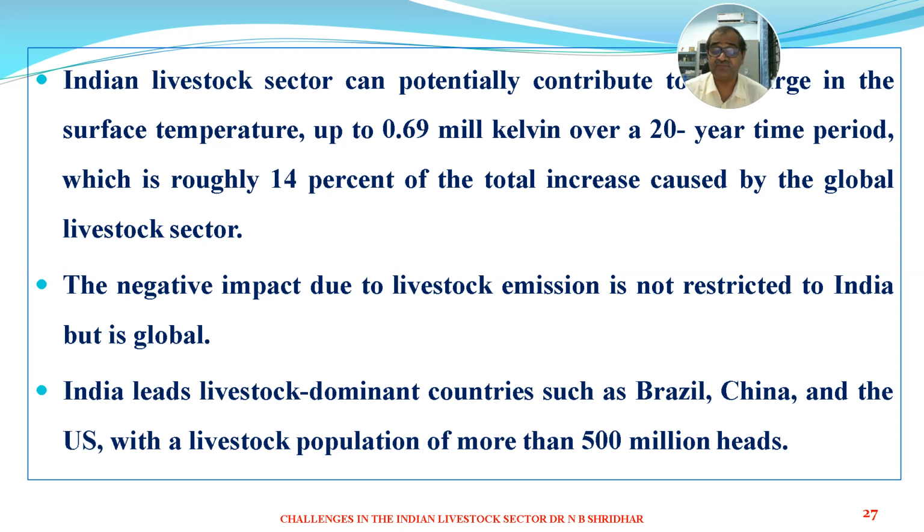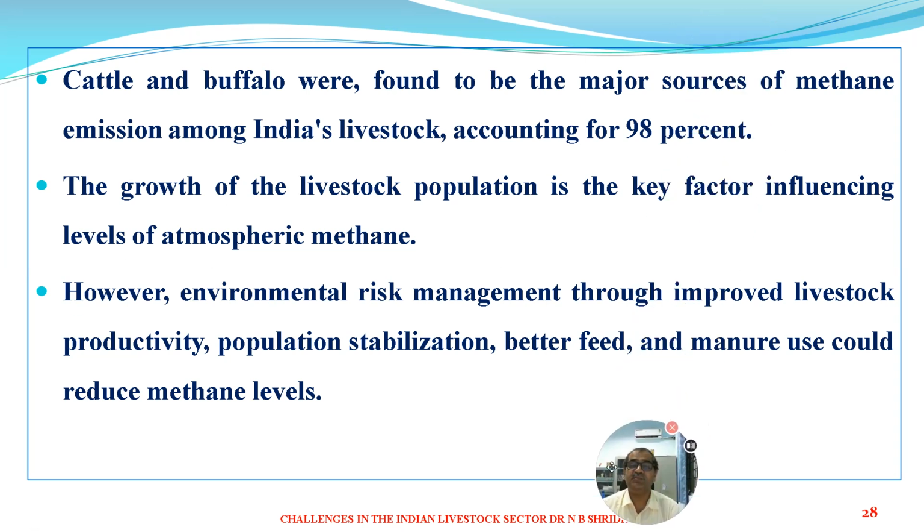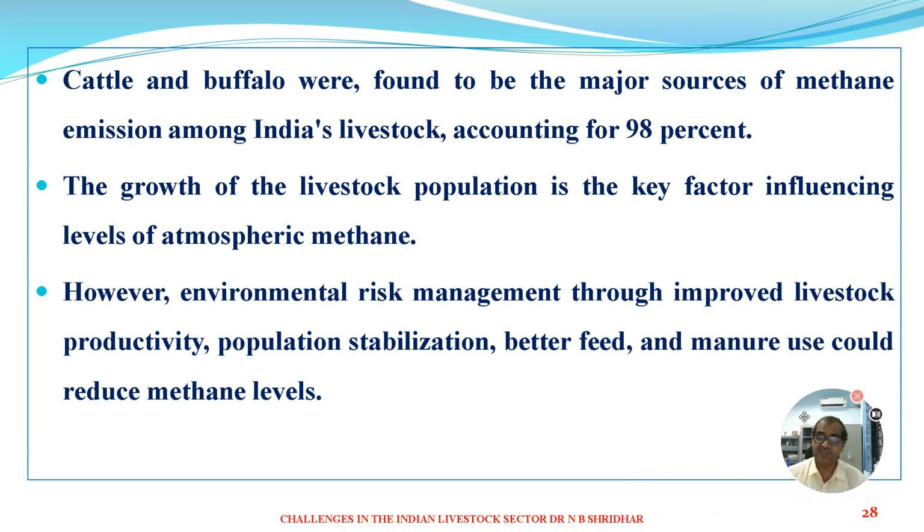Then the cattle and buffaloes are the major source of methane emission in India, accounting for 98%, and the remainder is contributed by sheep and goat. As the livestock population is growing, there is a risk, and managing this greenhouse effect through improved livestock productivity, population stabilization, and better feed and manure use could reduce methane levels.